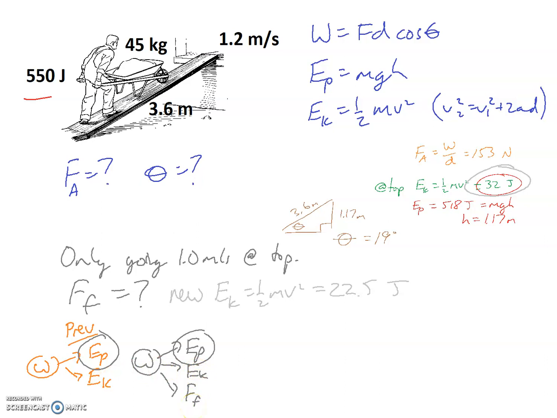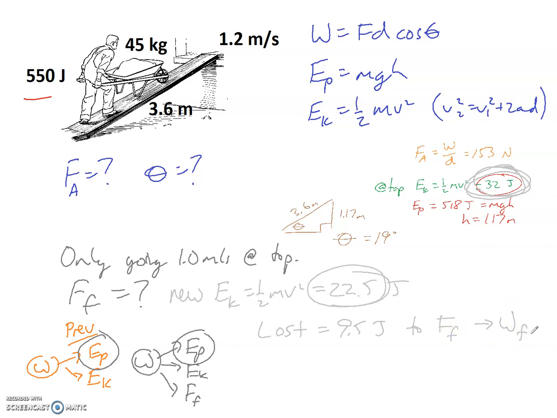So before, I had 32 joules of kinetic energy. Now I've only got 22.5 joules of kinetic energy. So we've lost, just subtract the two, 9.5 joules to the force of friction, and this would be the work that friction has done.